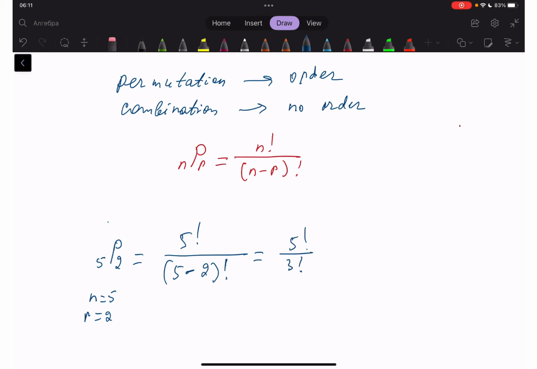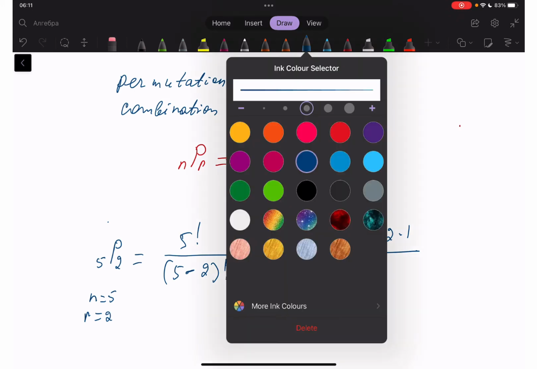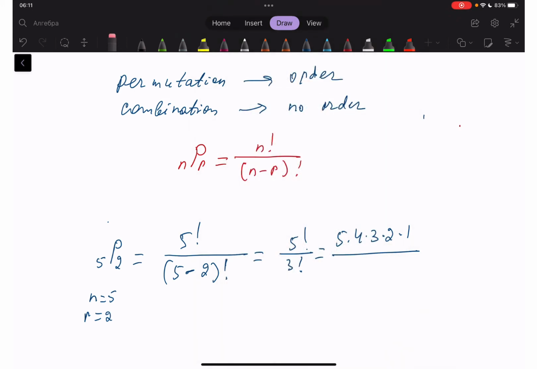Since I have 3 factorial, I can open 5 times 4, and when it comes to 3, I just stop there, put 3 factorial. Why? Because I will cancel 3 factorial and 3 factorial. If I would have factorial 2 at the bottom, I would do 5 times 4 times 3 times 2 factorial. So end result is 5 times 4, 20.